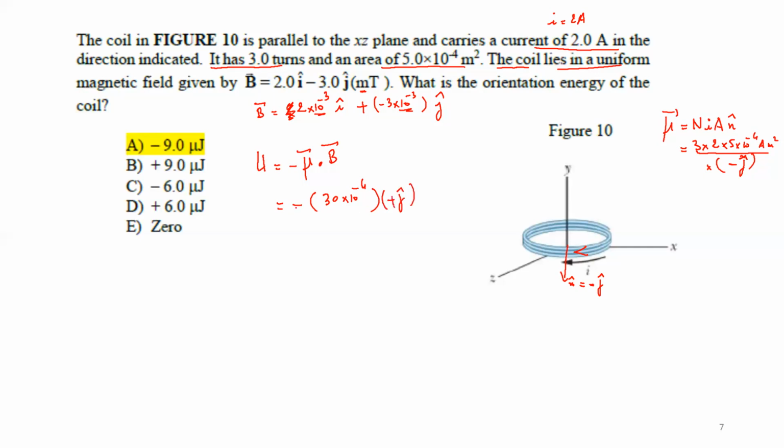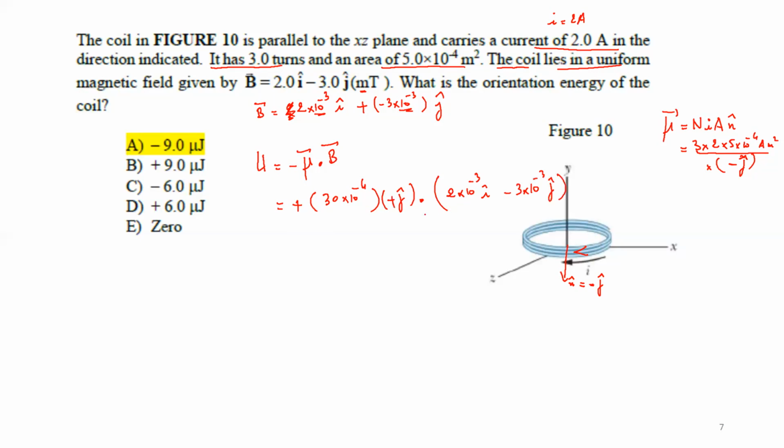So this minus and this minus gives me plus. Then I take a dot product with the magnetic field. So the magnetic field is 2 10 to the power minus 3 i hat minus 3 10 to the power minus 3 j hat.